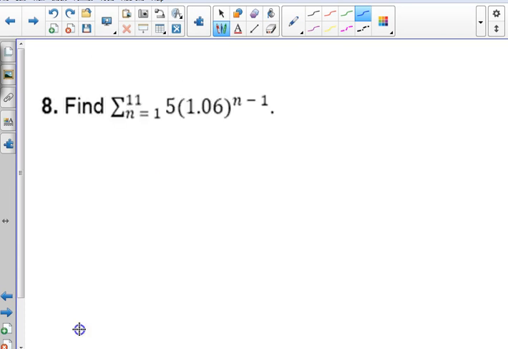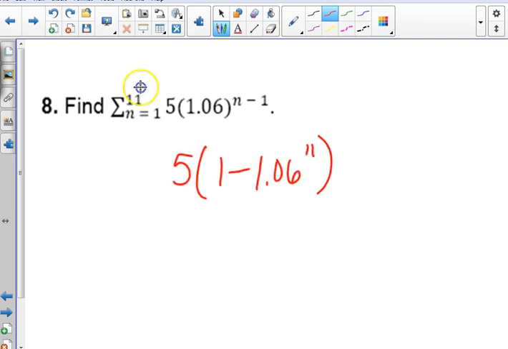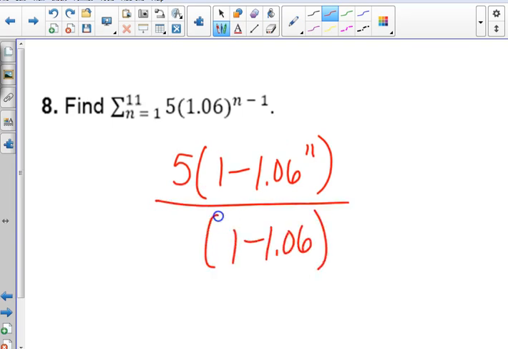All right, we got a lot of problems to do here. You want to do this one? You can just do this with your summation key, right? You could use the formula because the first term is 5 and r is 1.06 and you're adding 11 terms, yes? So this would work.